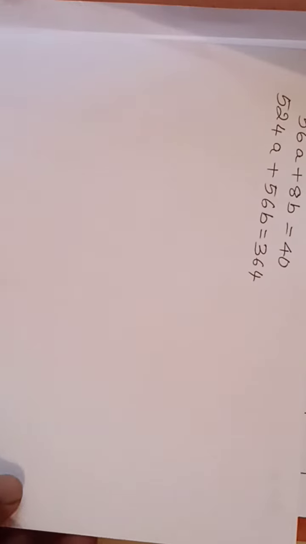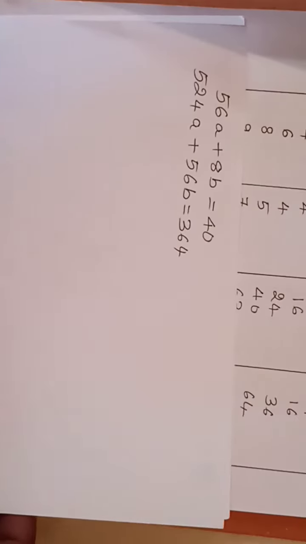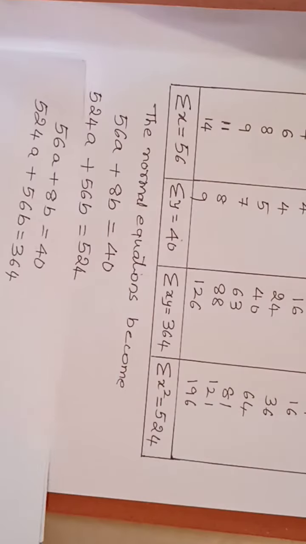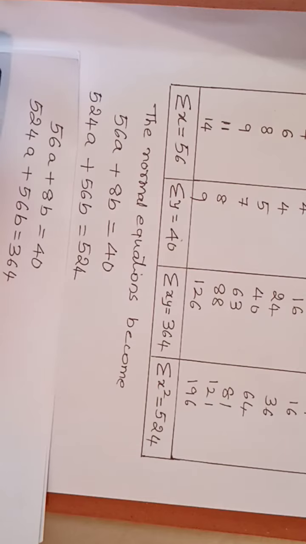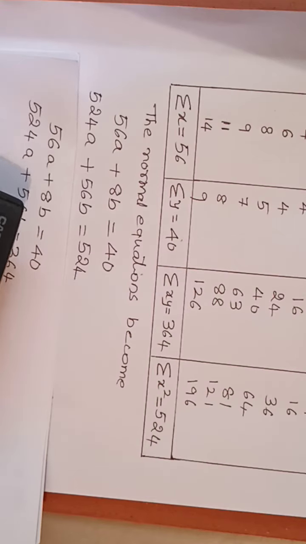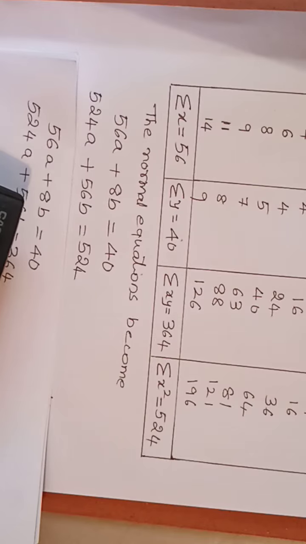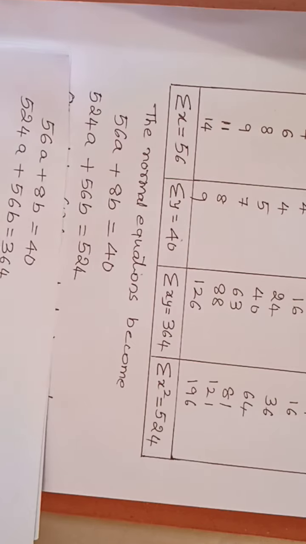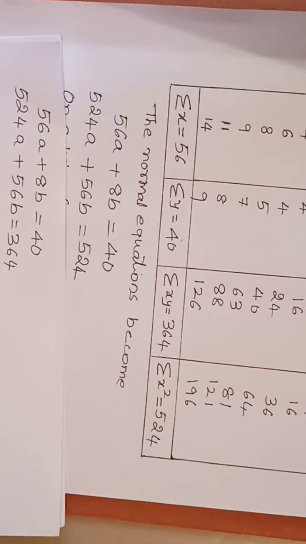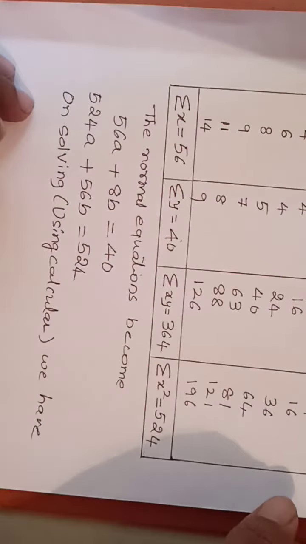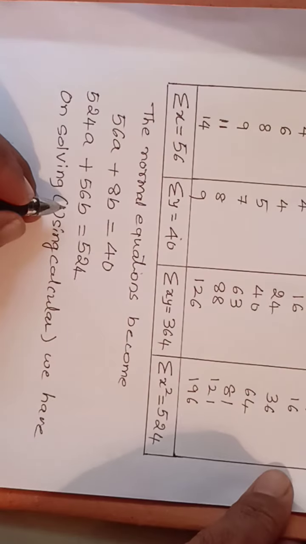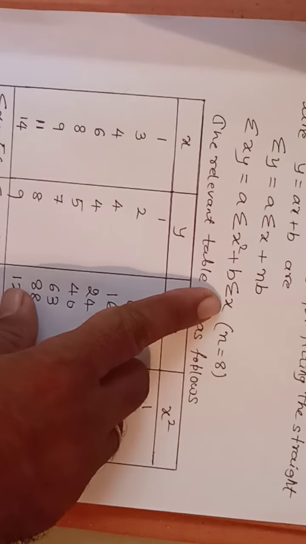So this is the equation. We got 56a plus 8b is equal to 40, and 524a plus 56b is equal to 364.